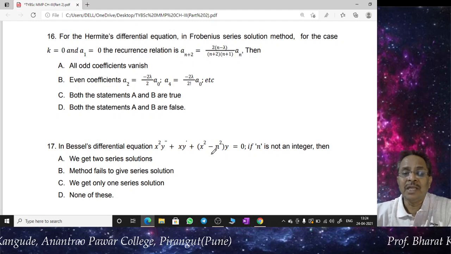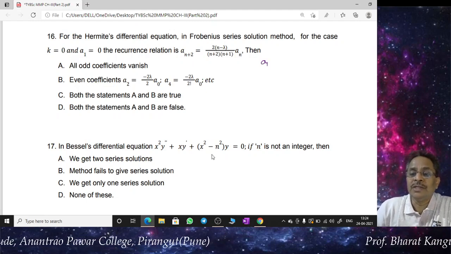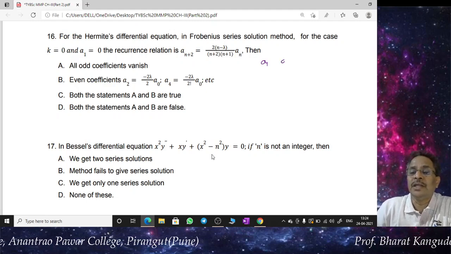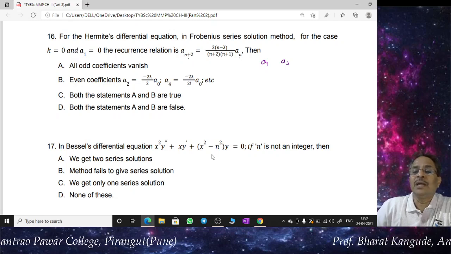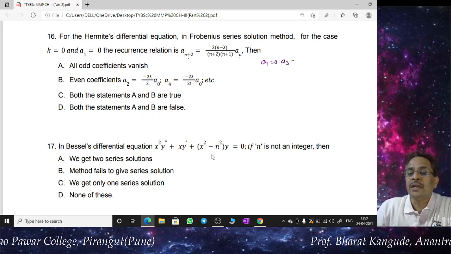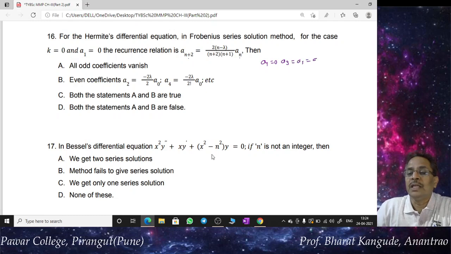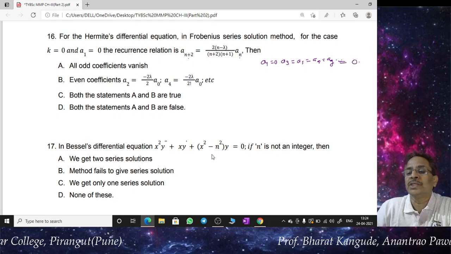Since I am given a1 equal to 0, if a1 is written here, I will get a3 there. If I write a3 here, then I will get a5 there. So once a1 is equal to 0, all of a3, a5, a7, a9 and so on, all odd coefficients, will vanish.